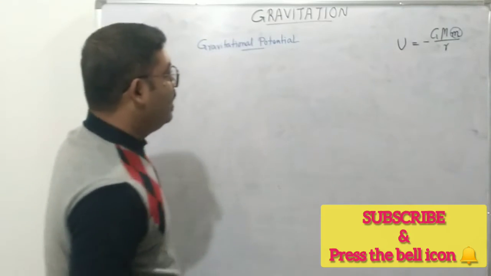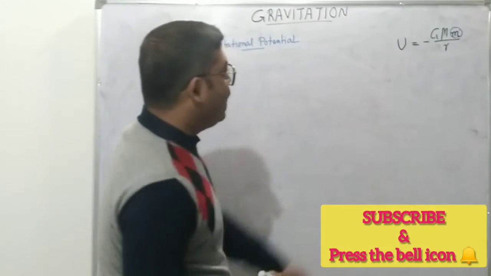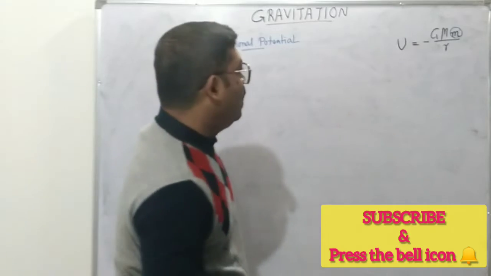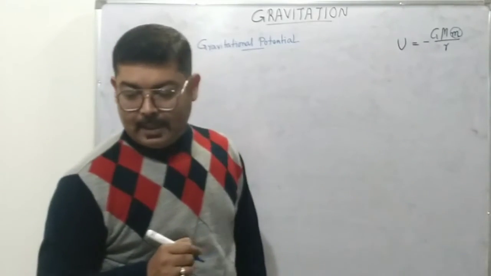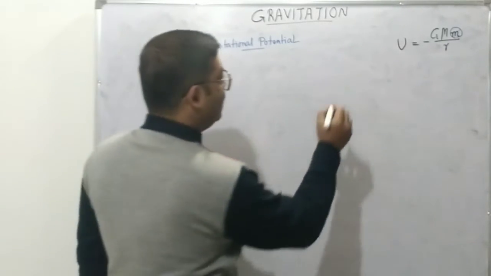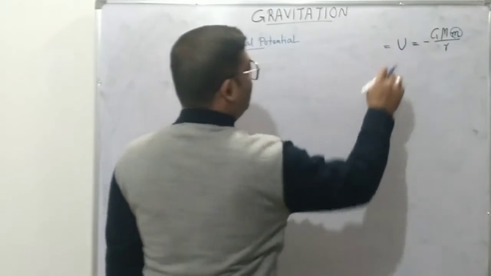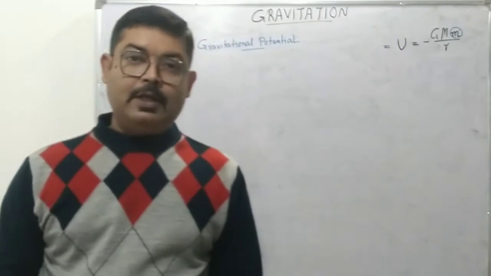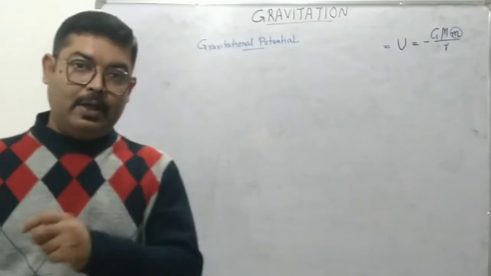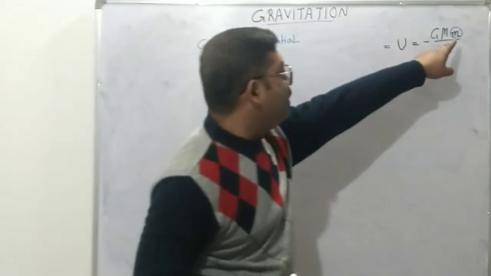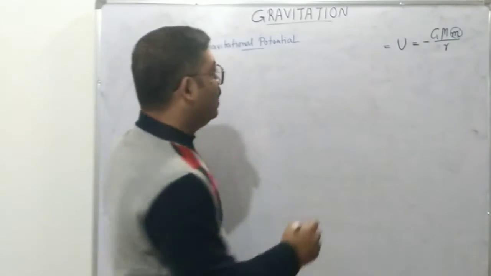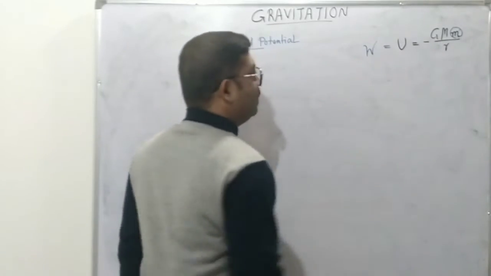That is to say, what if we divide this expression by m? We have already discussed that gravitational potential energy at a given point is nothing but the work done in bringing a mass from infinity to that particular point. So this is nothing but the work done.